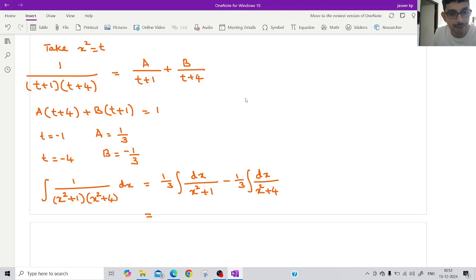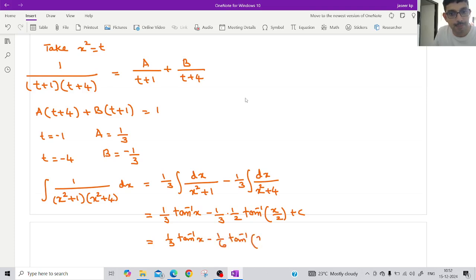That's why after finding the values we are writing in terms of x. So this is 1 by 3, 1 by 1 is tan inverse of x. This is minus 1 by 3, 1 by a is 1 by 2, tan inverse of x by 2. So it can be simplified: 1 by 3 tan inverse of x minus 1 by 6 tan inverse of x by 2 plus c. So this is the answer for this particular problem.